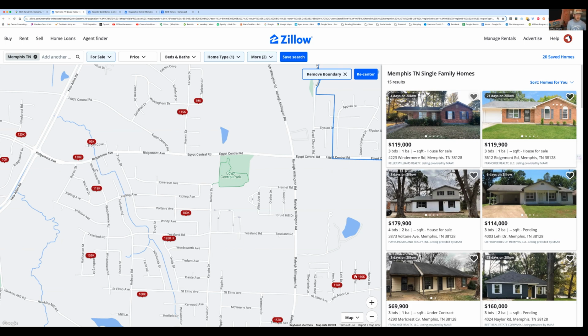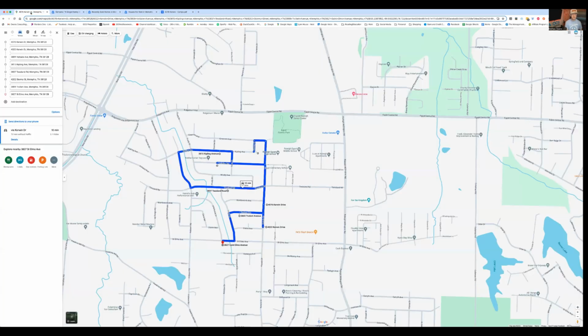Now, keep in mind here, when I'm going through and doing this, I'm actually looking at where these properties are in comparison. So if I pull my whole list, this is the general mapping of these comps. I'm looking right in that same area as best I can, as close as possible, and to pull those comparable sales to make sure, hey, I'm comparing apples to apples.